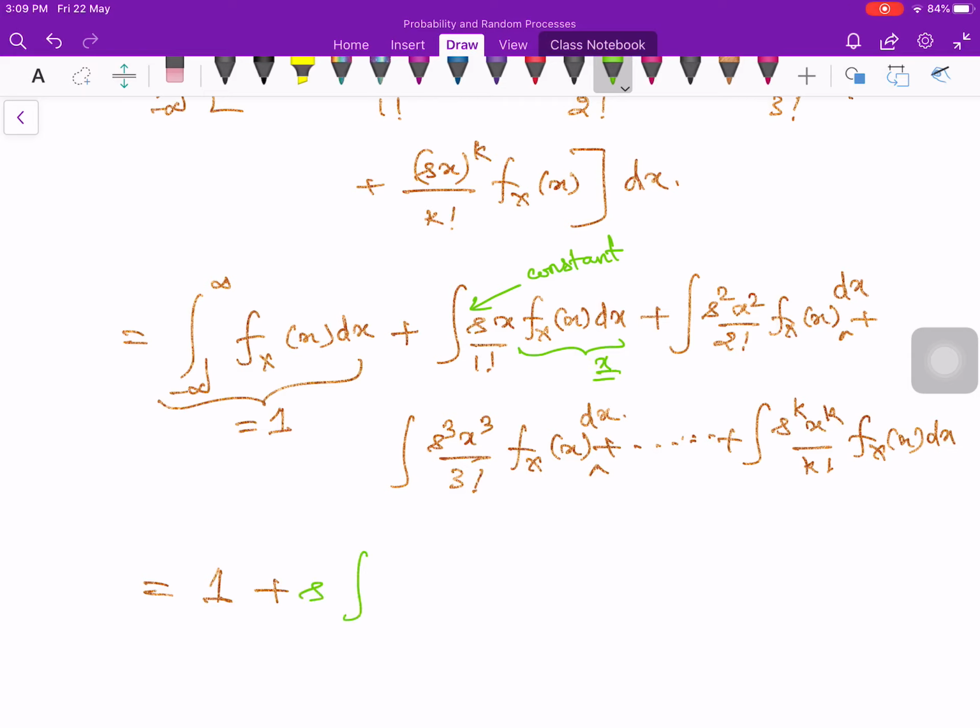So s times the integral of x times f_X(x) dx, maybe I can put 1 factorial outside, plus the second one, this is a constant, therefore s squared over 2 factorial times the integral of x squared times f_X(x). For all these integrals, the limit is from minus infinity to plus infinity.